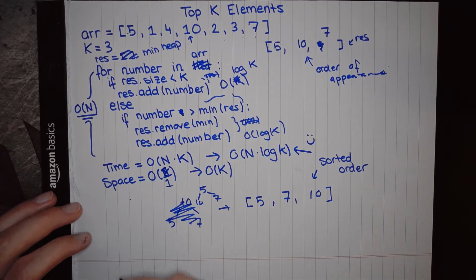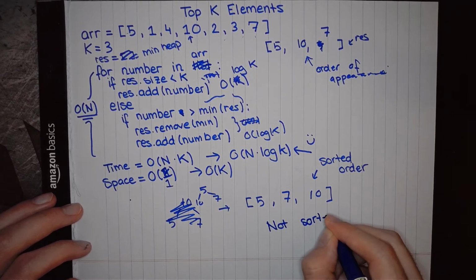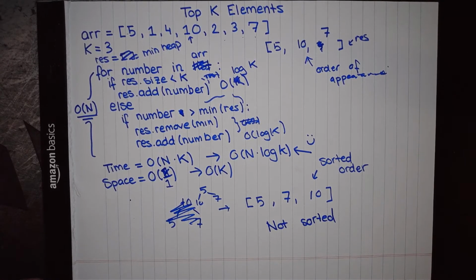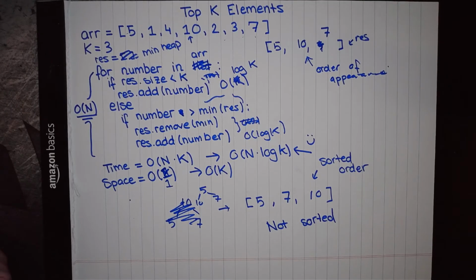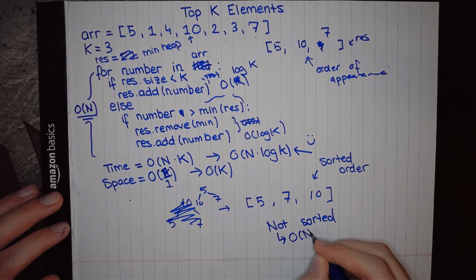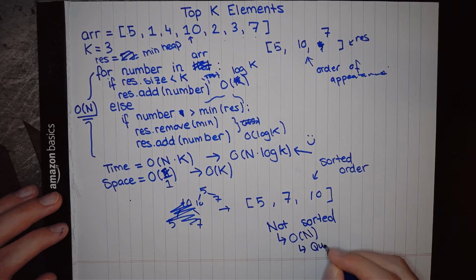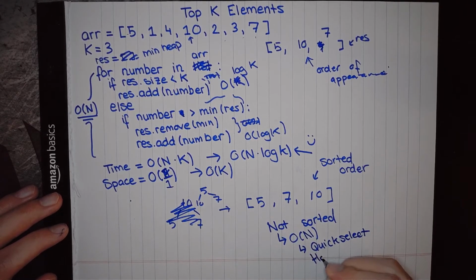But if it's not sorted and it's just asking for the top k elements in arbitrary order, interestingly, you can do the top k operation in O of n time. There's actually an algorithm where the best case is O of n time, and this is called quick select, or Hoare's algorithm.